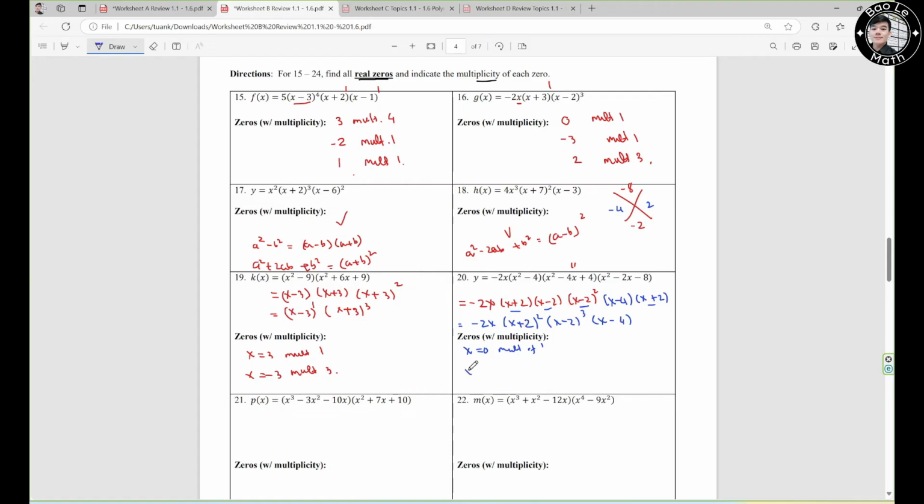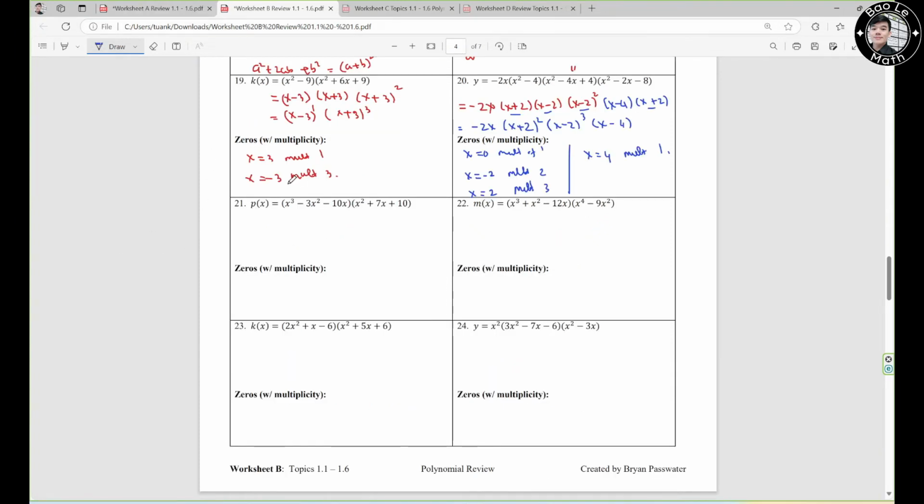Second one, s equal to negative 2, multiplicity of 2. Next, s equal to 2, multiplicity of 3. Next, s equal to 4, multiplicity of 1.